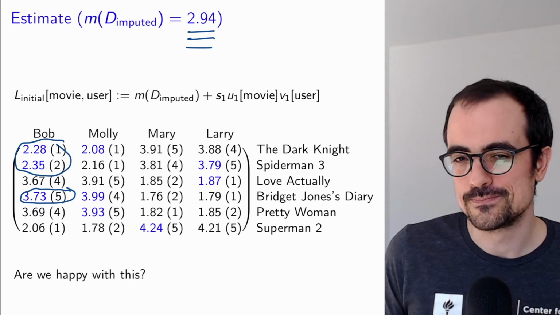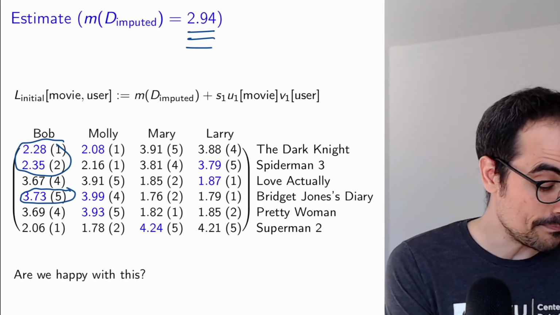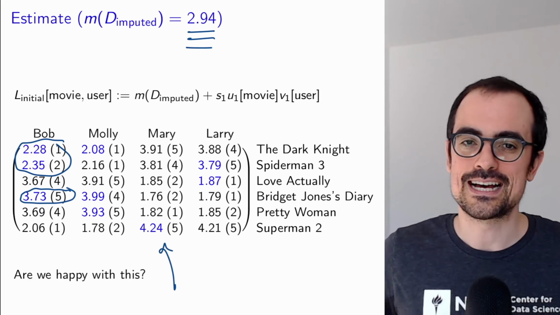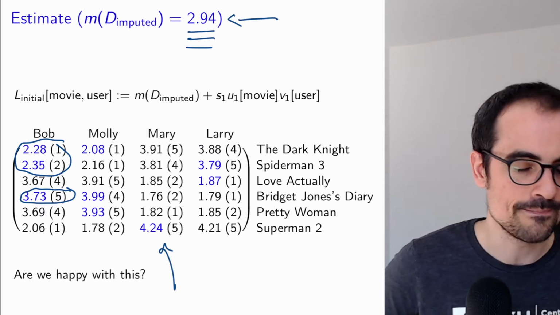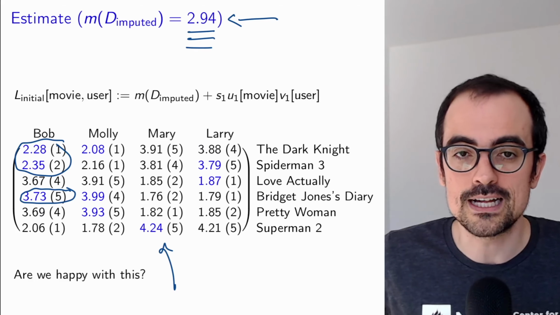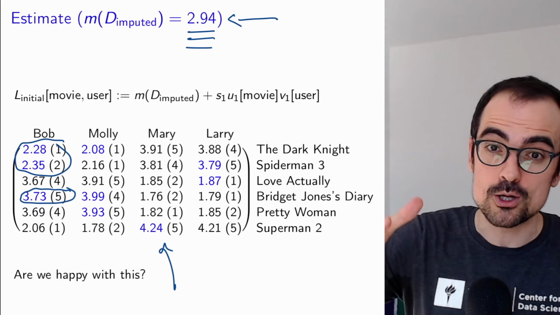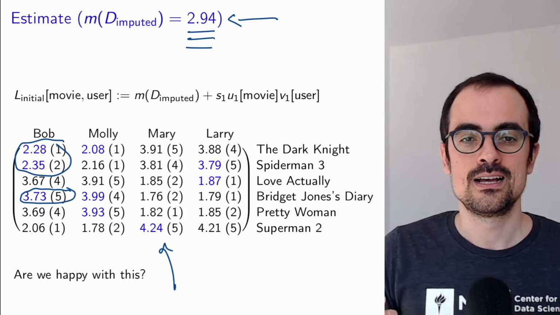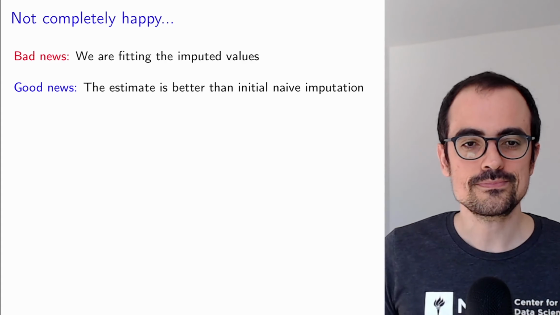So what could you do? Well, you can repeat this, but now use these imputed values as opposed to the mean, to obtain a better matrix, and then fit a rank 1 model to that matrix and iterate. And that's exactly what we're going to do.